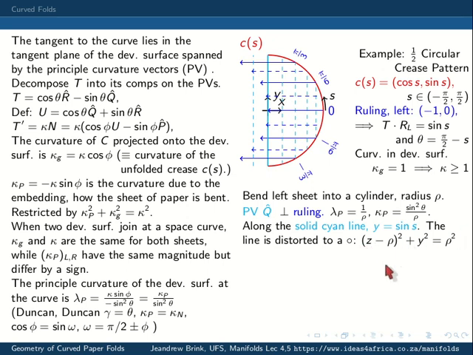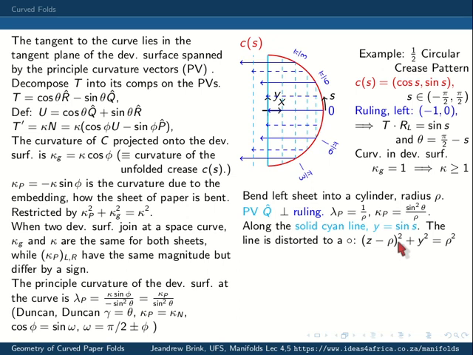The circle has its center point above the flat plane. When this thing lies flat and I bend it up like that, my circle center sits over here, a distance of the radius above the place where I'm bending it.